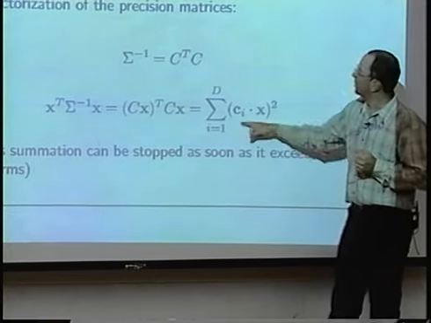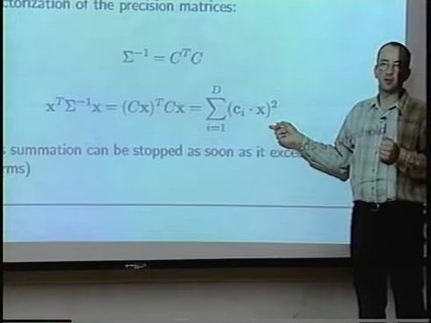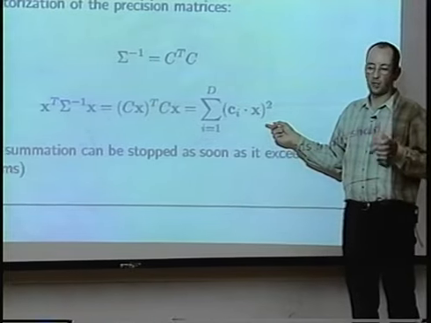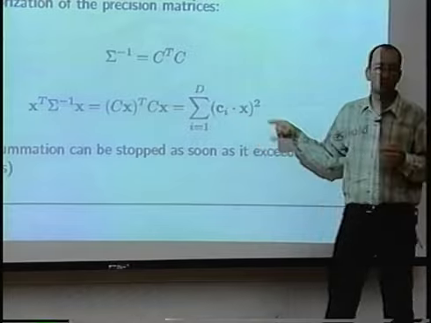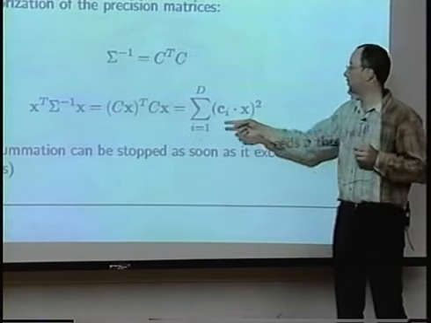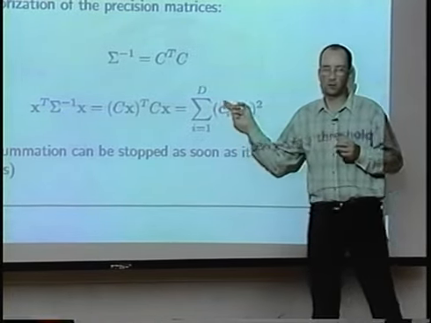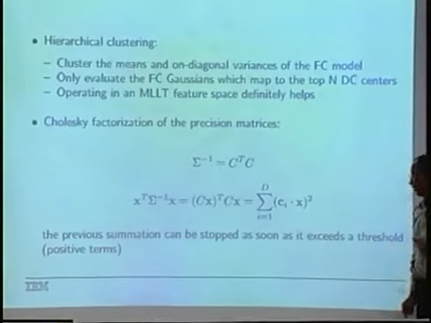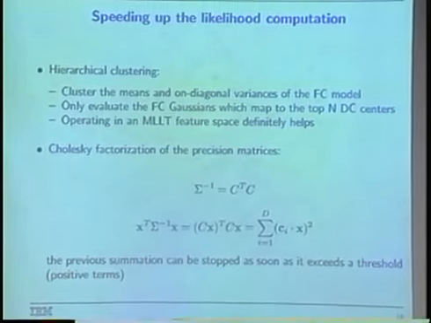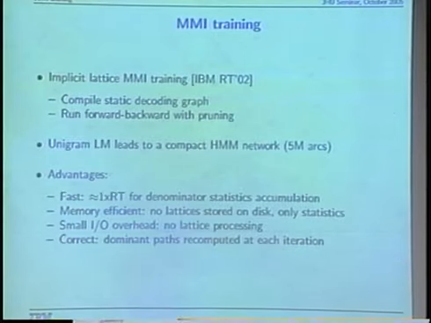Okay? So this is a sum of squares, meaning that you can threshold, you can bail out of the computation as soon as this partial sum exceeds a threshold. You don't have to evaluate the entire sum up to the number of dimensions. Okay. So we used those 2 ideas for speeding up the likelihood computation.